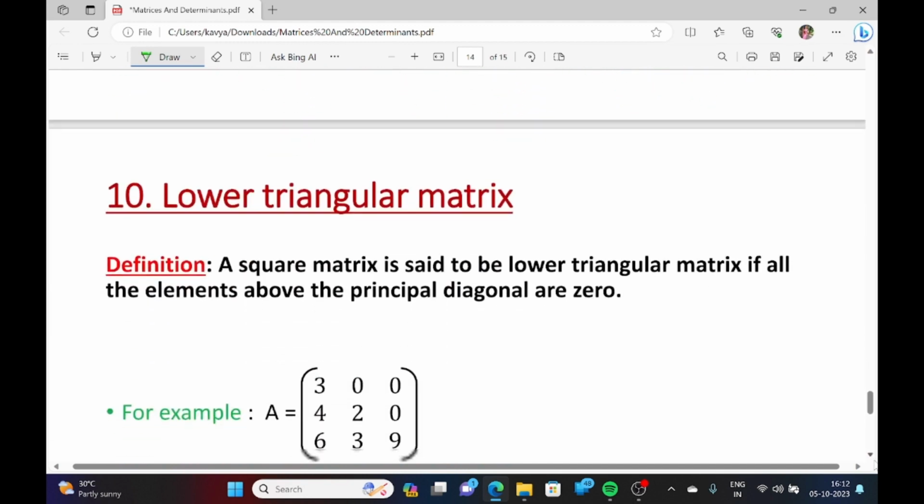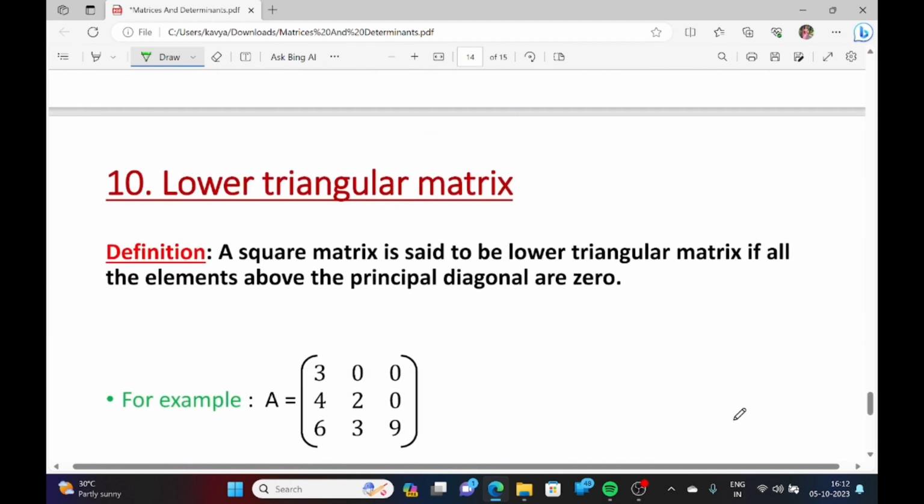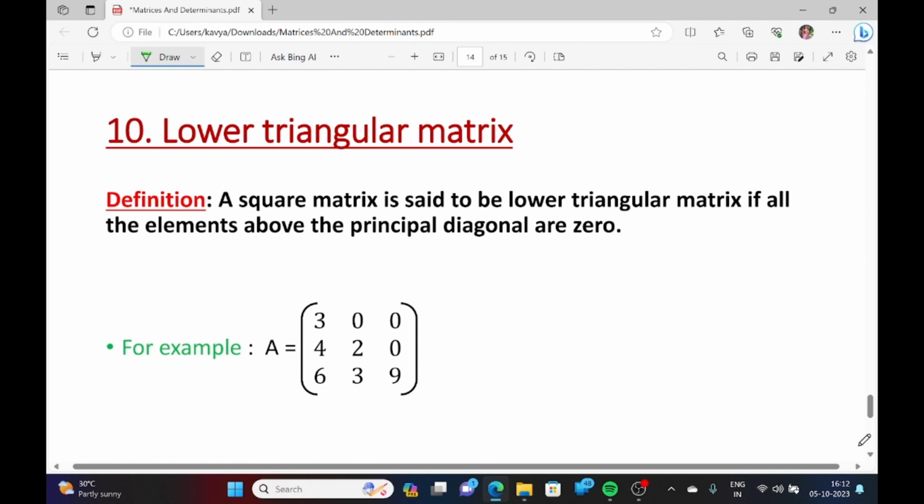Next, lower triangular matrices. Let us discuss the definition of lower triangular. A square matrix is said to be a lower triangular matrix if all the elements above the principal diagonal are 0. First of all, a lower triangular matrix should be a square matrix. It is a square matrix, right? We have 3 rows and 3 columns.